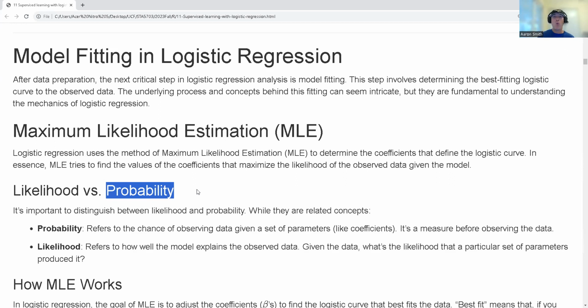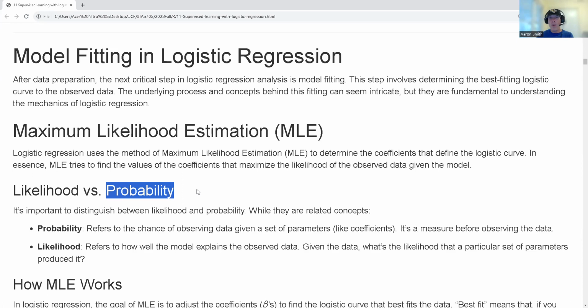Think about flipping a coin. Before I flip the coin, assuming it's fair, what's the probability of getting a head? Well, it's 50-50, so I've got a 50% chance. Now, let's say I flip that coin, and before I see it, I cover it up. Now, what's the probability of heads? Well, it's 0 or 1.